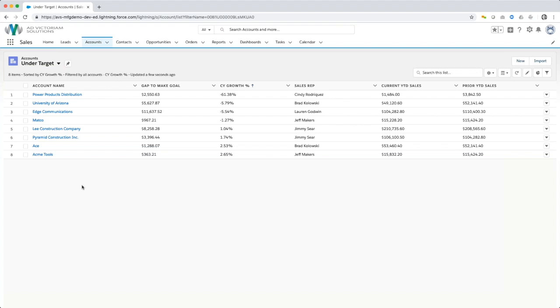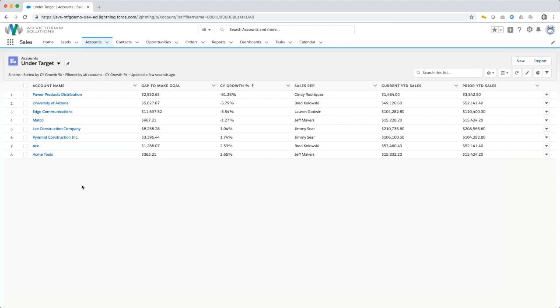It doesn't have to be everybody's. I just wanted to have a good sampling here. But once again, in that list view, leveraging that data, I know exactly what my gap to make goal is. I know what my percentage of growth, and in this case, we're trying to make 5%, so you can see where we stand in that, and then a couple other pieces of information.